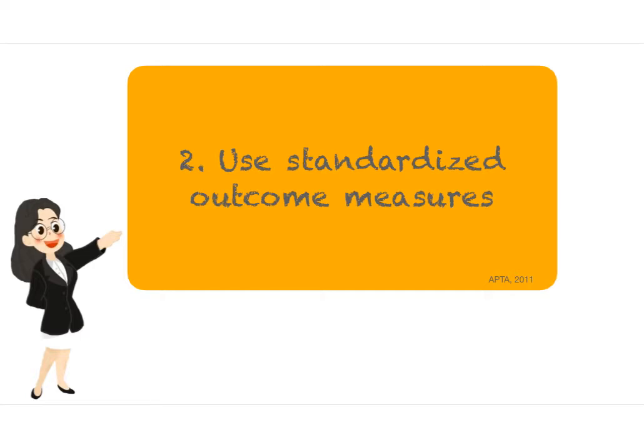Another thing that you need to consider is that we use standardized outcome measures. So we have actually a lot of standardized outcome measures. Examples would be the subjective pain scale, that's very common, or the visual analog scale for pain level or pain intensity.